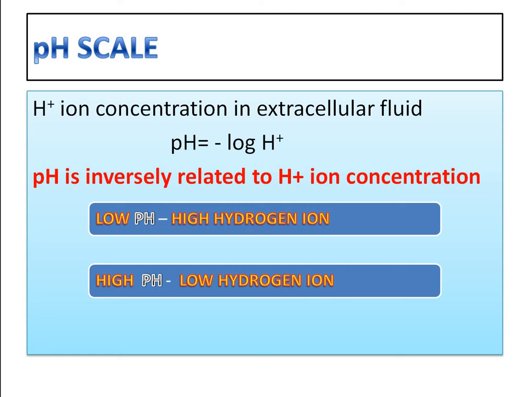What is the meaning of inversely related? Low pH means high hydrogen ion concentration. High pH means low hydrogen ion concentration. So pH and hydrogen ion concentration are inversely related.